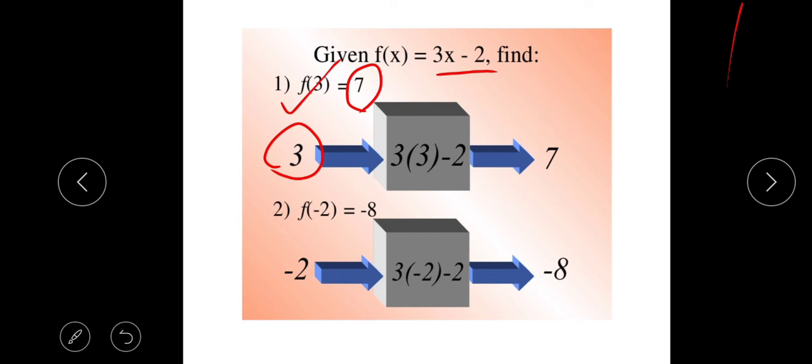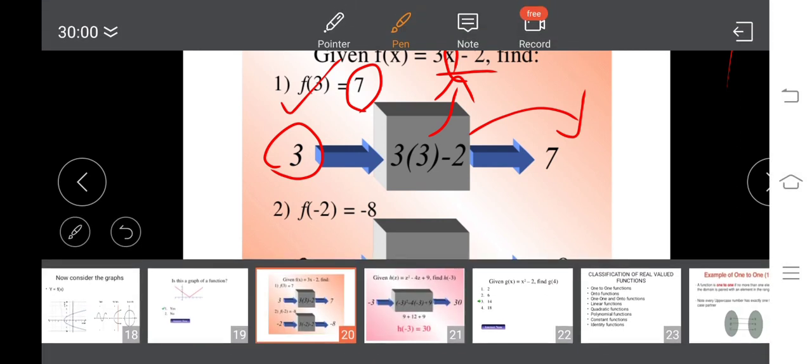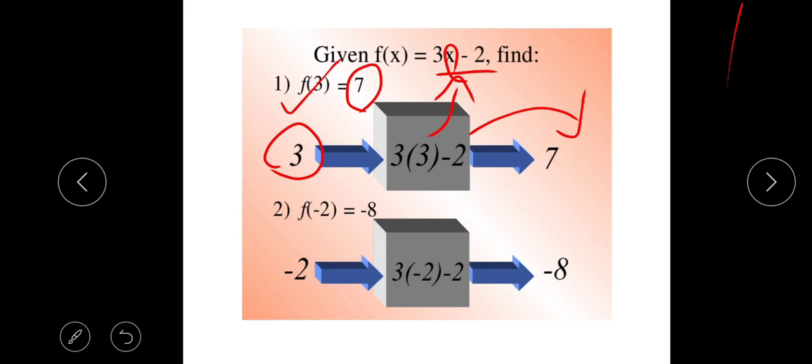The operation that takes place inside the machine is 3x minus 2. So in the place of x, you substitute the input number. So this will be 3 into 3 minus 2. When you calculate this, you will get the output as 7. This is the value of the function at x equal to 3.